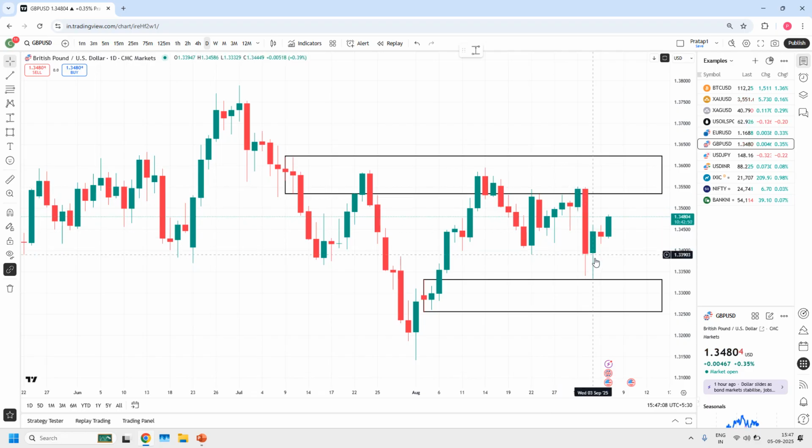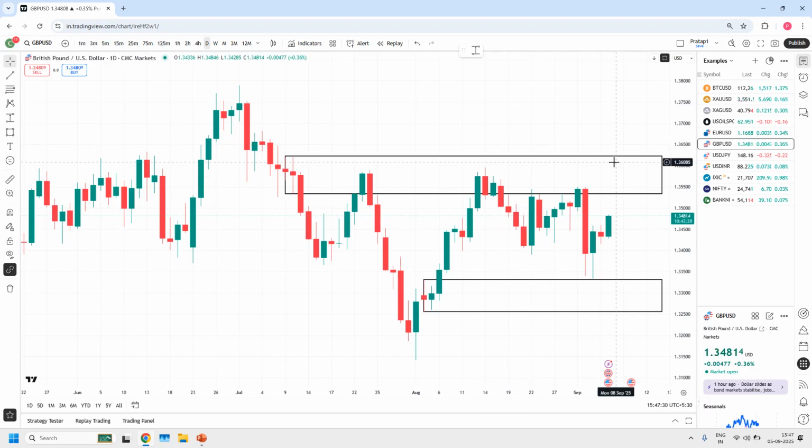Twice it pushed the prices down. Now it entered into the demand. Now the demand zone again pushing the prices up. So these are the opportunities given in the Forex market in the pound and US dollar currency pair chart.